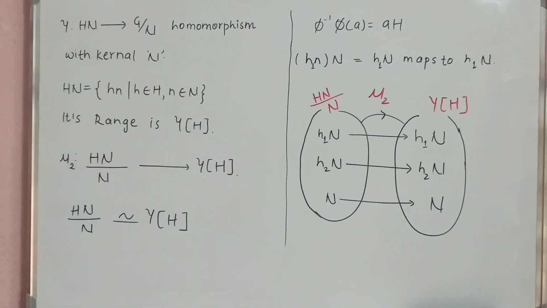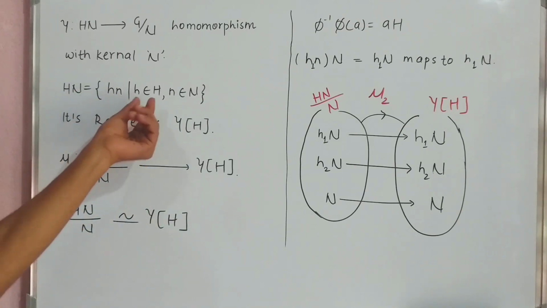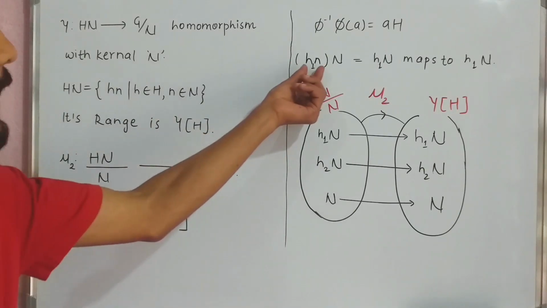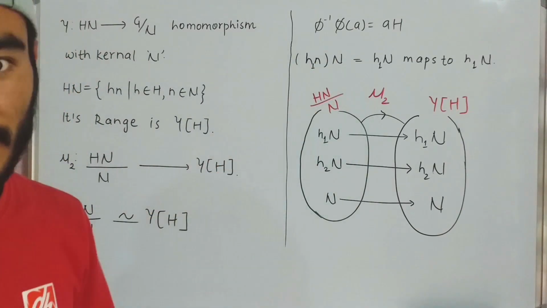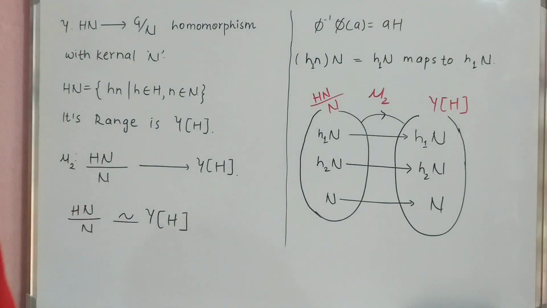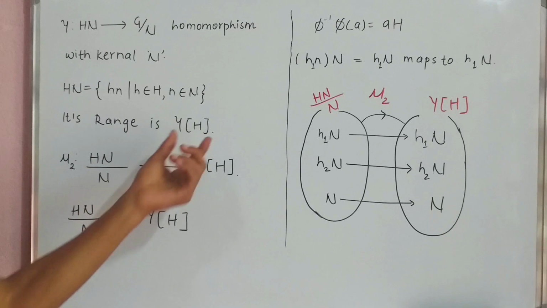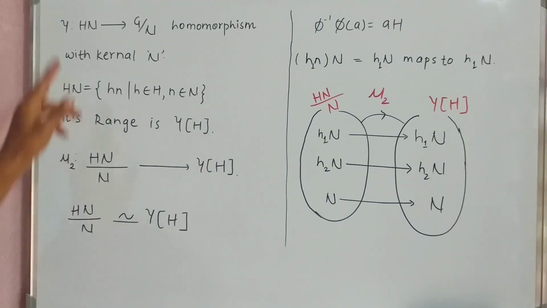Also we have the set HN equals the product hn, h belongs to H and n belongs to N. So for h1n of this set, its image under gamma is h1nN, and that equals h1N clearly. And h1N is an element of the set gamma H. So the range of HN under gamma is gamma H itself.